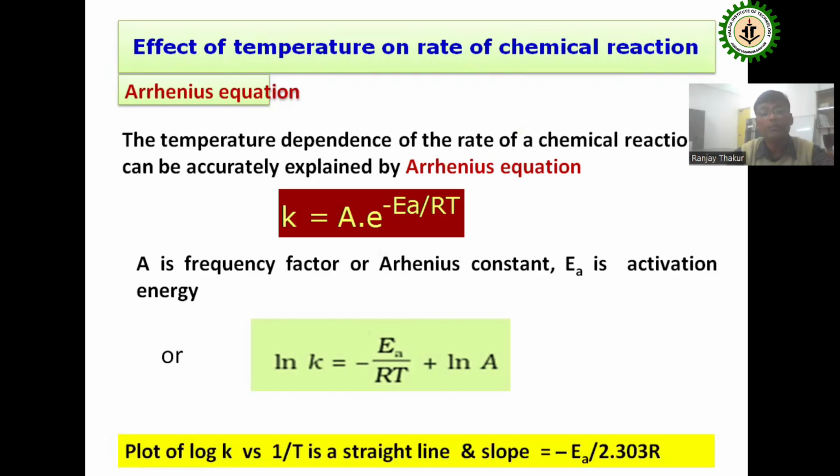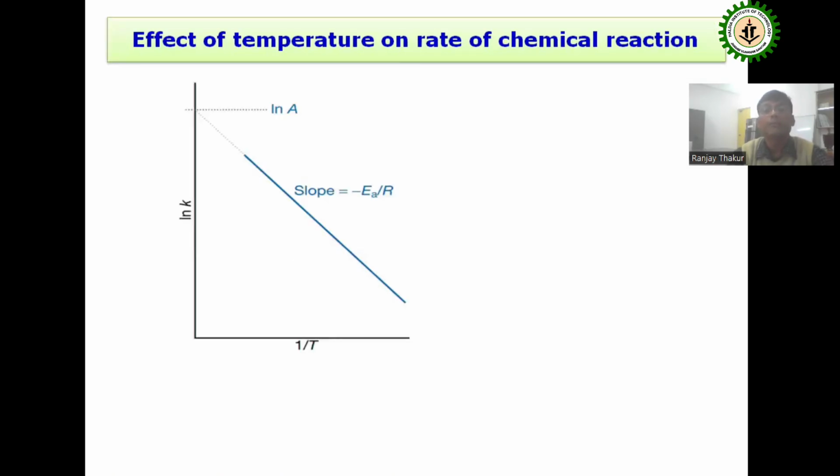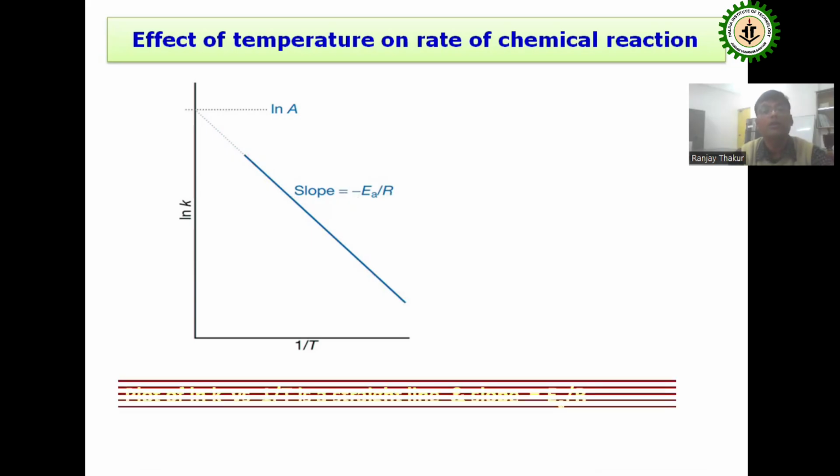Now, if you plot a graph between log k versus 1 by T, then we get a straight line with negative slope, whose value is minus EA by 2.303 R. So from the Arrhenius equation, if you plot ln k against 1 by T, the graph is a straight line and the slope is equal to minus EA by R. This is the dependency of the chemical reaction on temperature.